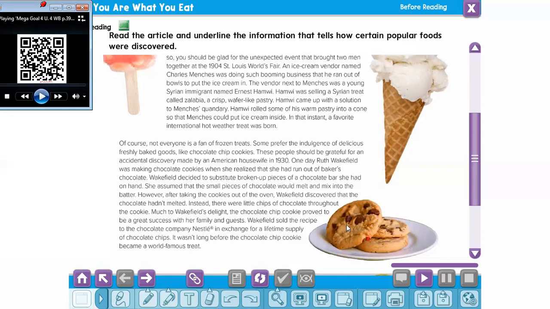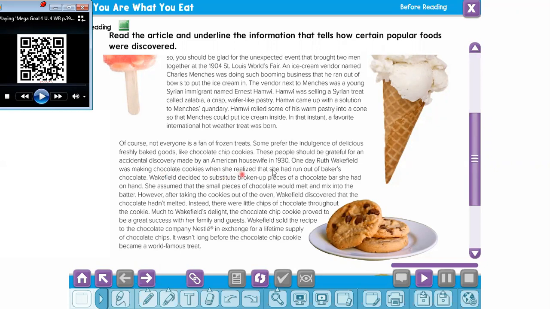If you read carefully, you can find the answer in this paragraph. I want you to read it again and look carefully at this part. Read it again from "One day." One day, Ruth Wakefield was making chocolate cookies when she ran out of baker's chocolate.